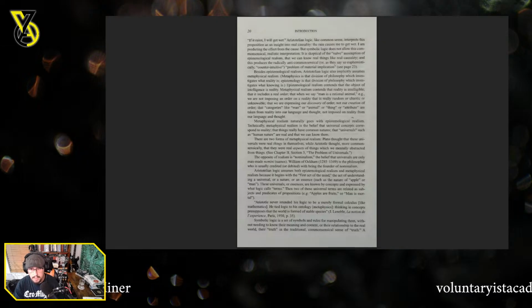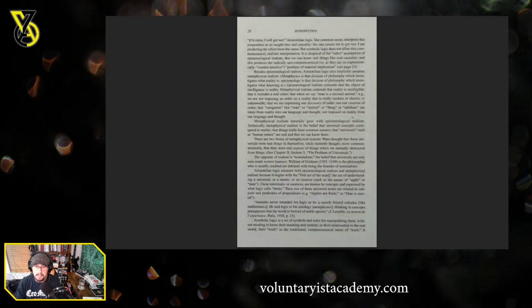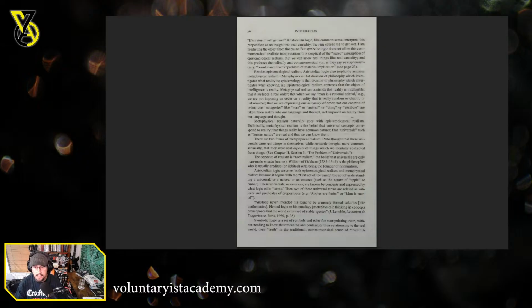That categories like man or animal or thing or attribute are taken from reality into our language and thought, not imposed on reality from our language and thought. Metaphysical realism naturally goes with epistemological realism. Technically, metaphysical realism is the belief that universal concepts correspond to reality, that things really have common natures, that universals such as human nature are real, and that we can know them.